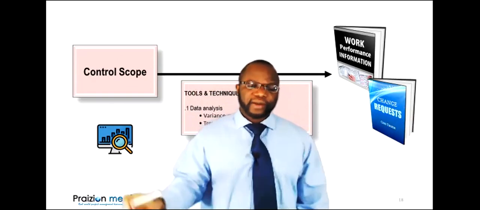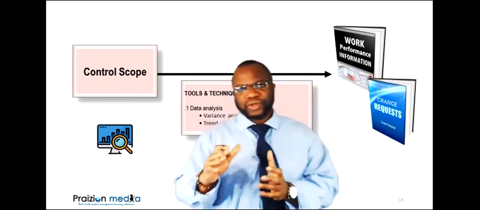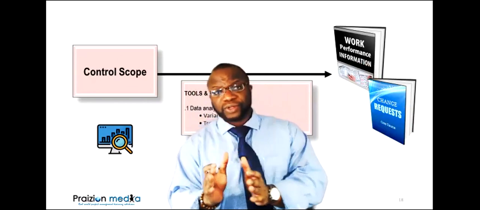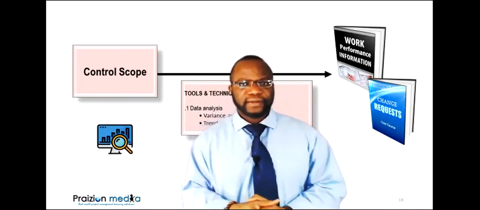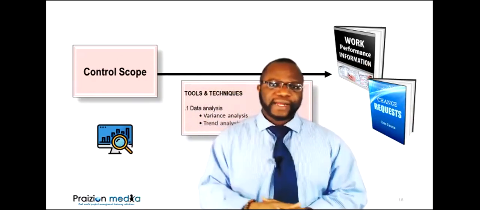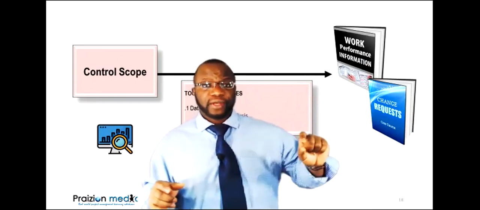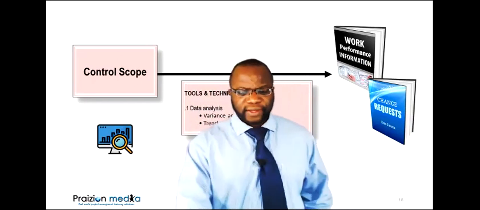But when you talk about a variance analysis, you're looking for any discrepancies or changes, variances. It's one thing to look for variance, but it's another thing to look for a variance across a timeline. So variance analysis, looking for variance. Trend analysis looks for trends. You could look for trends in the variances or other things such as that. And that's why they are put together.